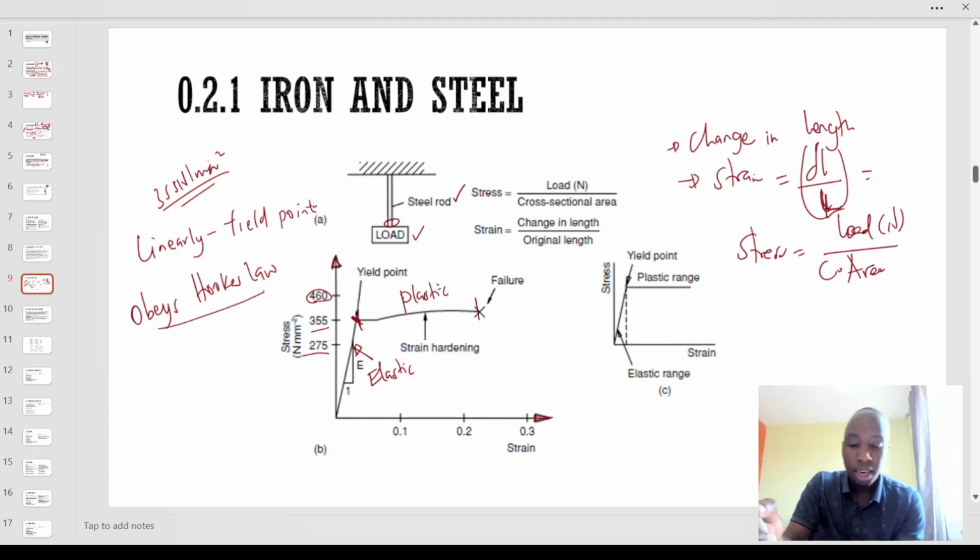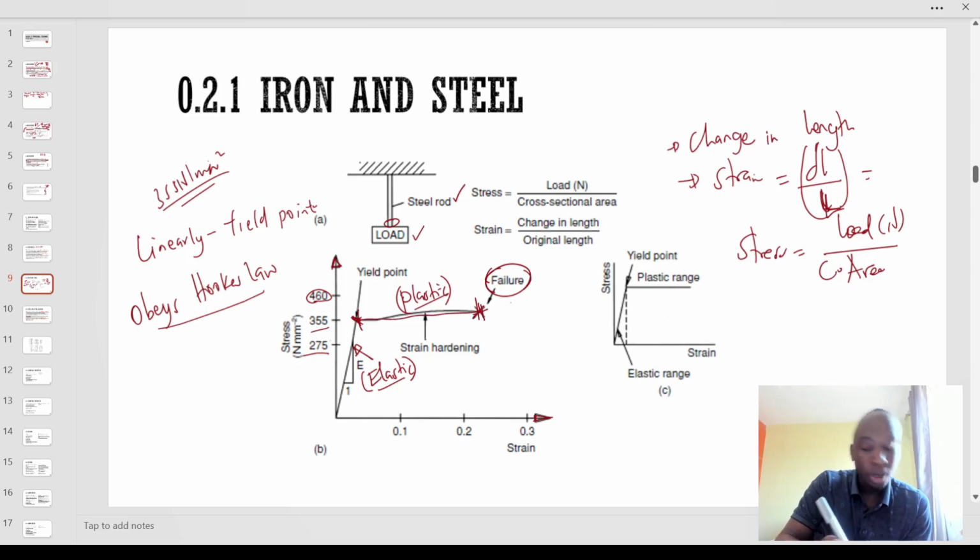We don't want to only design for steel when it's elastic. We also want to design for it when it's plastic, because not unless it has failed. This is the point of failure where we don't want it. Naona hapa ndo hatutaki. Hapa hatuna shida nayo.